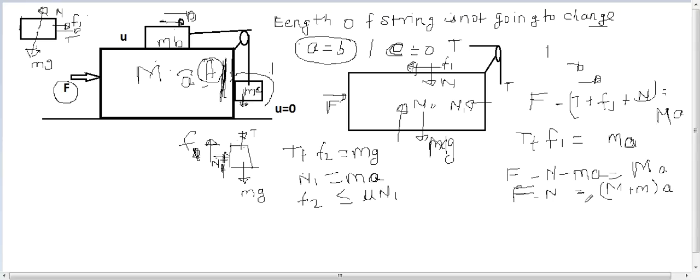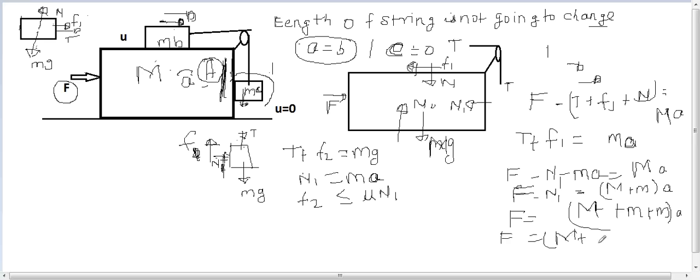This is N1, be careful on that. And what is N1? N1 is ma. So can I write F is equal to M plus m plus m.